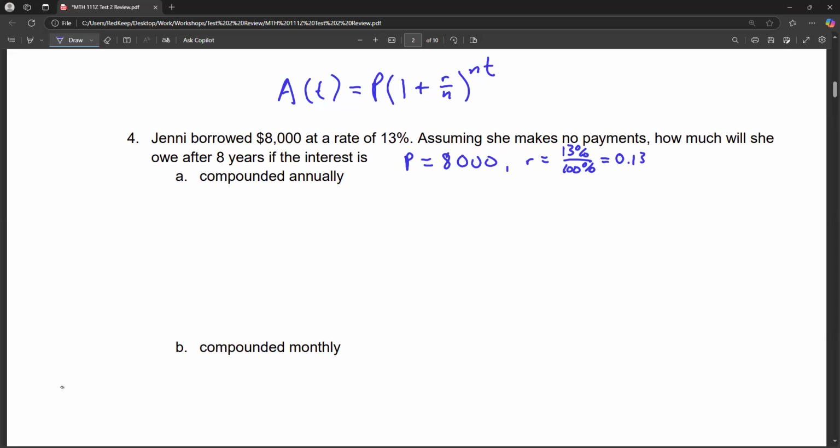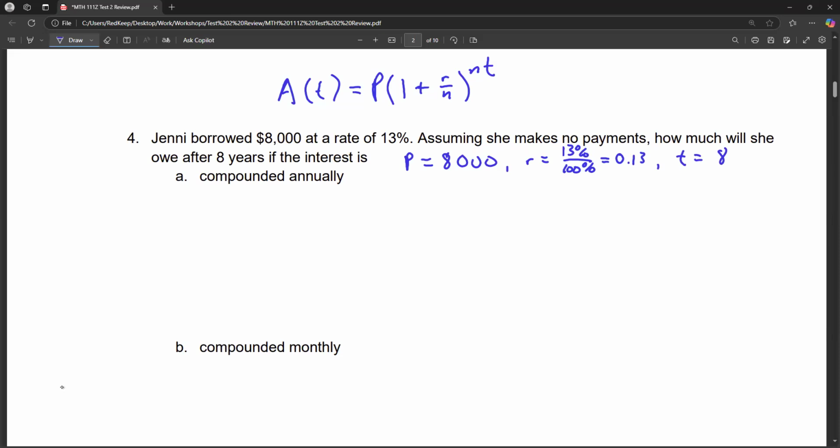And then what else is going on here? So, assuming she makes no payments, how much will she owe after 8 years? So in general, our t value is going to be the time, and the unit is years in this problem. So we'll have 8 there.